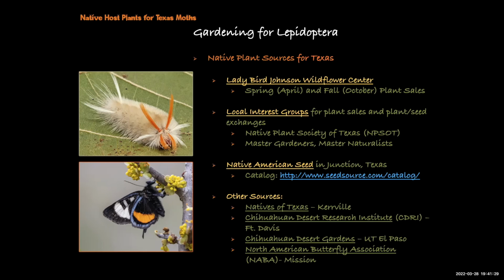And then there are other places around the state. Just to name a few, the Natives of Texas in Kerrville, Chihuahuan Desert Research Institute in Fort Davis, UT El Paso has the Chihuahuan Desert Gardens, and of course the North American Butterfly Association in Mission, Texas.